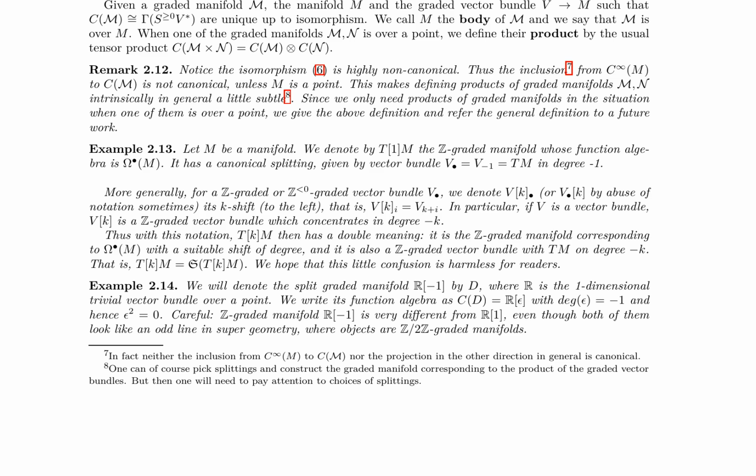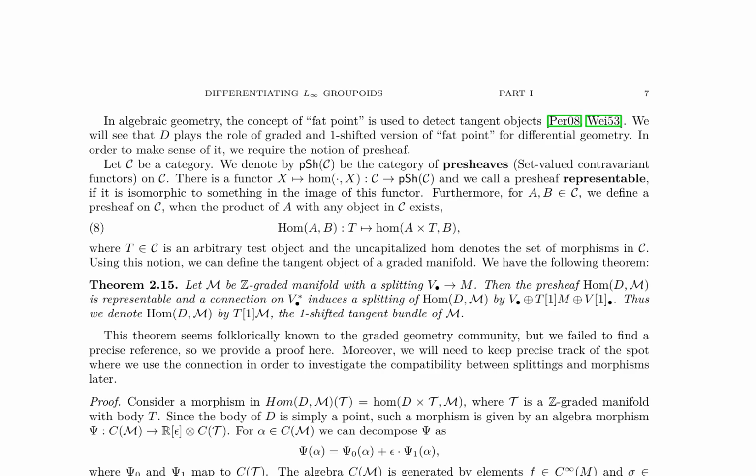These concepts and definitions are crucial in understanding Z-graded manifolds and their morphisms, highlighting the subtleties and nuances of these concepts. The concept of fat point in algebraic geometry is adapted to differential geometry through the use of a presheaf, specifically the presheaf Hom(D, M), where D is a graded manifold with a splitting V → M. This presheaf is representable and can be split by a connection on V*, resulting in the one-shifted tangent bundle T[1]M.